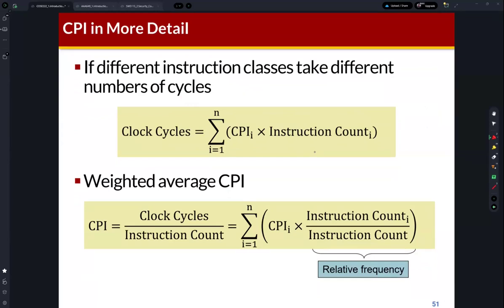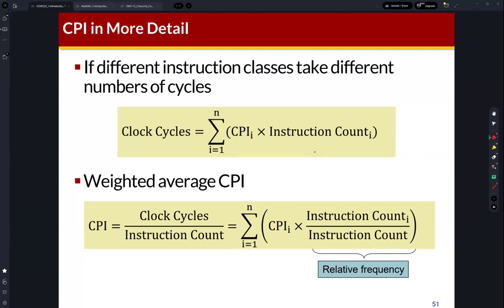But let's look at the CPI. I mentioned clocks per instruction, and the number of clocks taken by each instruction is different. Which means we actually want to calculate the average CPI. But there are different types of instructions in an application.